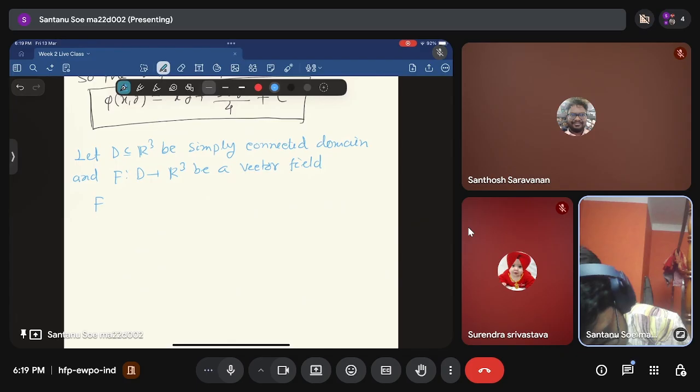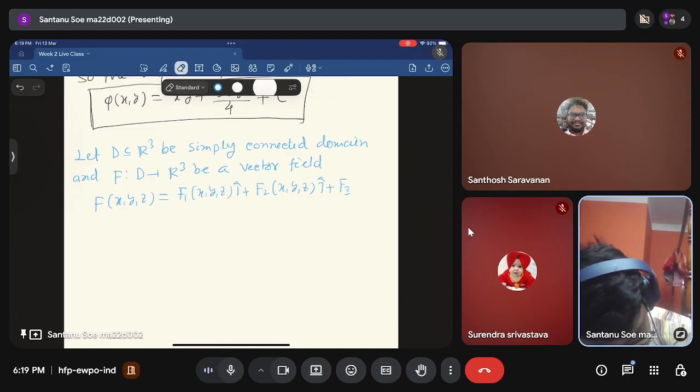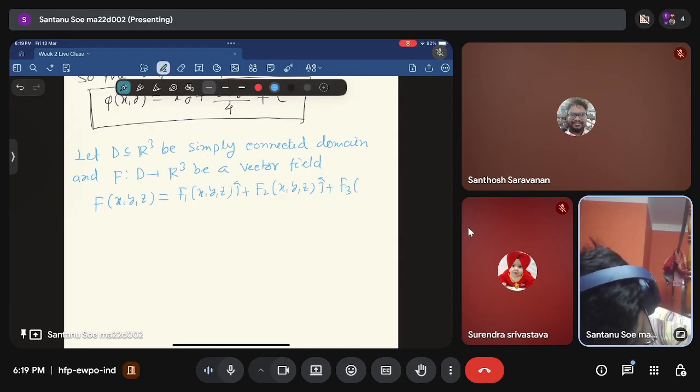So the vector field looks like this: f of xyz equals f1 of xyz i cap plus f2 of xyz j cap plus f3 of xyz k cap.